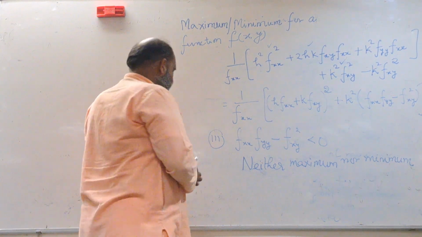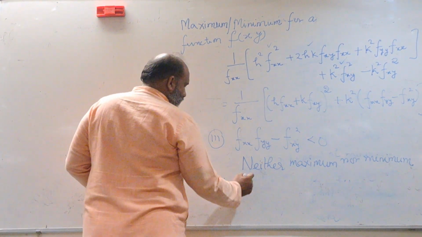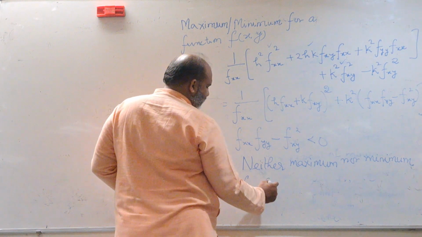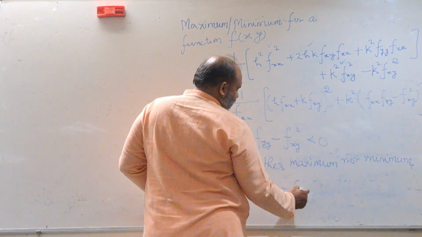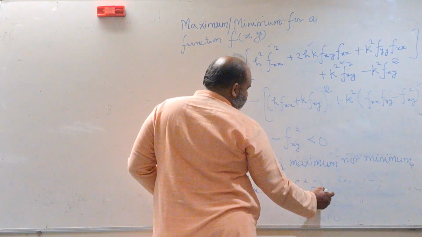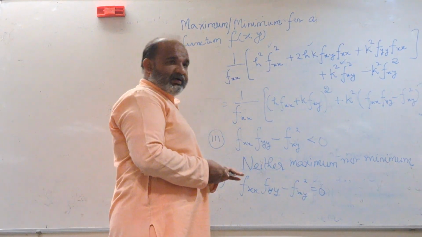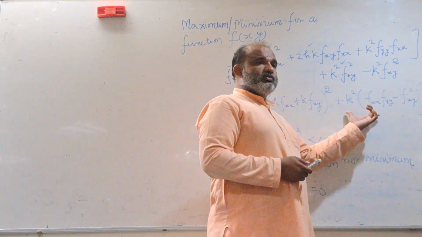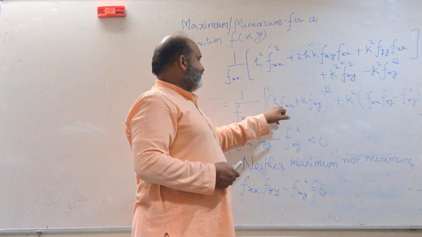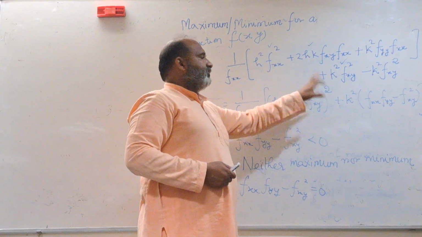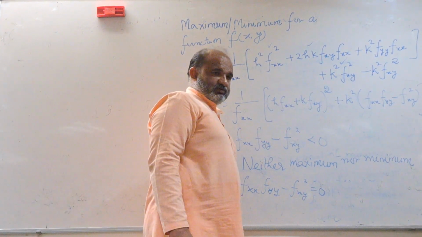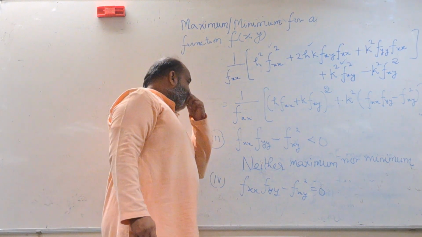Now there is another case that is to be investigated: fxx fyy minus fxy whole square is equal to 0. Right? This is now equal to 0. So this is fxx plus k fxy, its whole square is equal to 0.